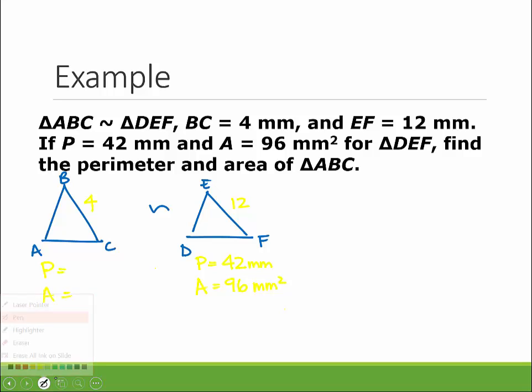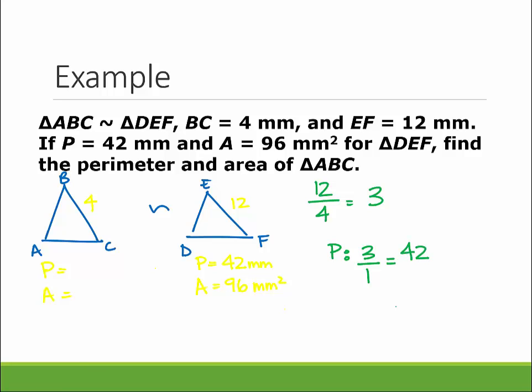So in order to do that, just like before, we need to set up a similarity ratio. And I'm going to set it up backwards. So DEF over ABC will be 12 over 4, which is 3. So in order to figure out perimeter, remember the perimeter ratio has to be the same. So we could write 3 over 1.